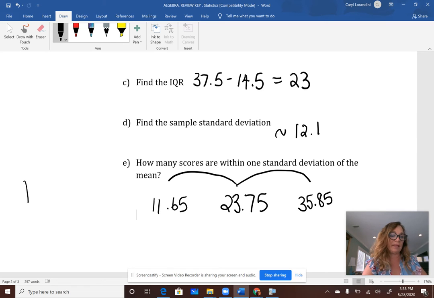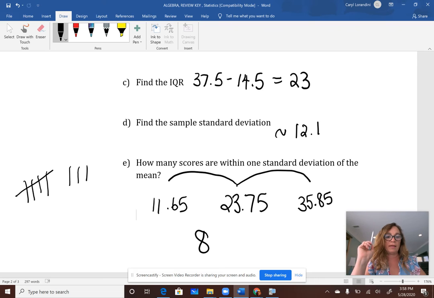Okay, so before 11 would be 8 and 10. I'm just going to make little tally marks, 8 and 10. After 35.8, 37, 38, 38 again, 39, 40, 42. 8 scores are not within. Sorry, it said within. So therefore 20, so 12 are within.